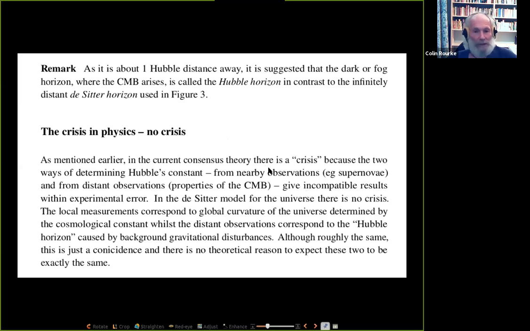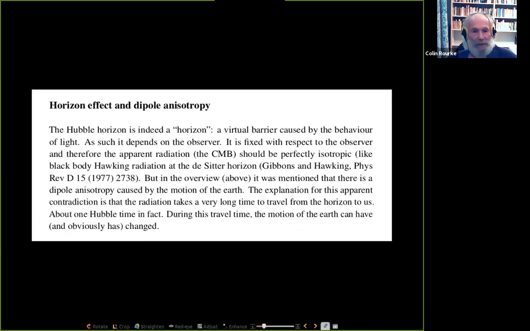Okay, so one last point to make before we go away. I mentioned this Machian rest frame, which is sort of begging the question above Mach's theory, that in fact the Earth appears to be moving with respect to the CMB frame. But the Hubble horizon is a horizon.